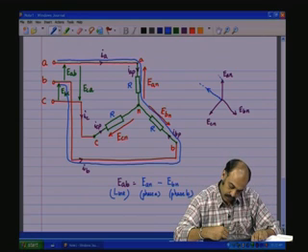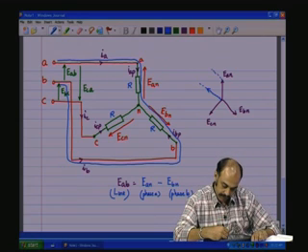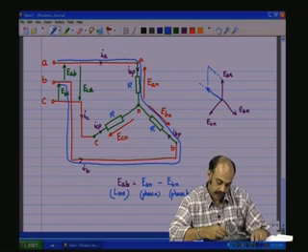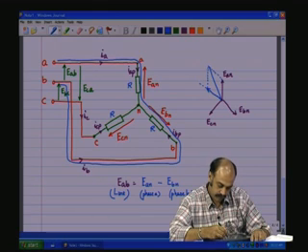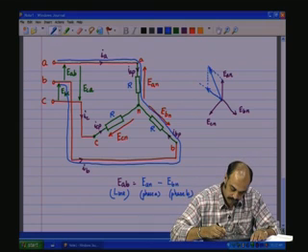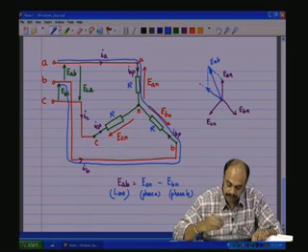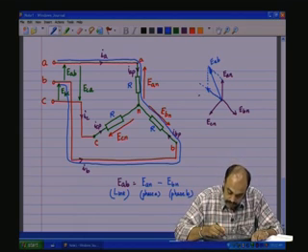So, therefore, if we complete the parallelogram, we have EAB. So, this is minus EBN.